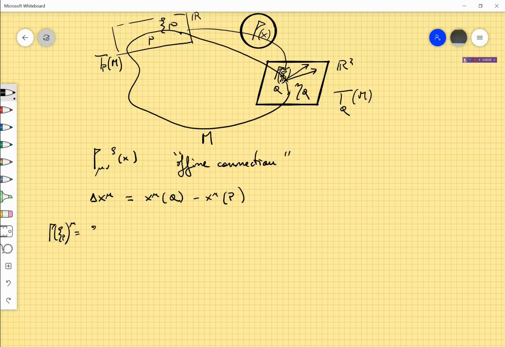Maybe you want to write this in this way because it will be a vector now defined at Q, and we define it to be the vector at P minus delta x rho gamma rho sigma mu. Now you see that once we have contracted these two indices rho, this is something with only two indices sigma and mu, so it is a matrix which acts linearly on vectors. So this is the thing that acts on the components psi sigma of P.